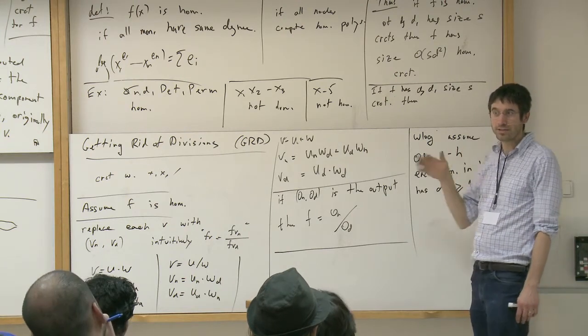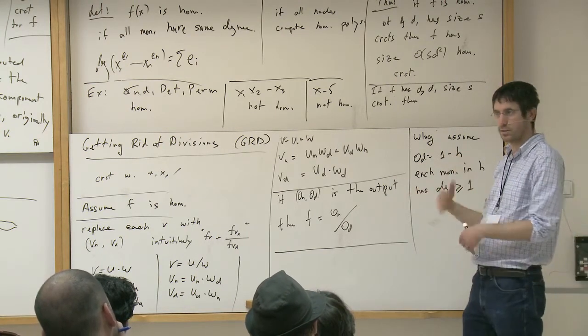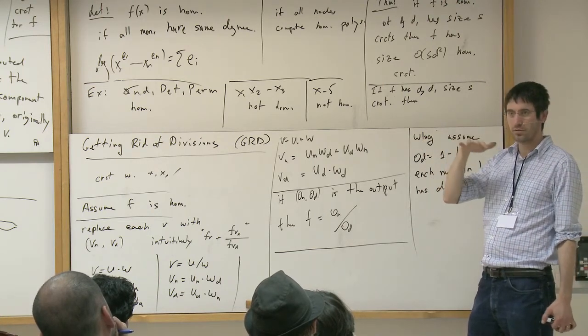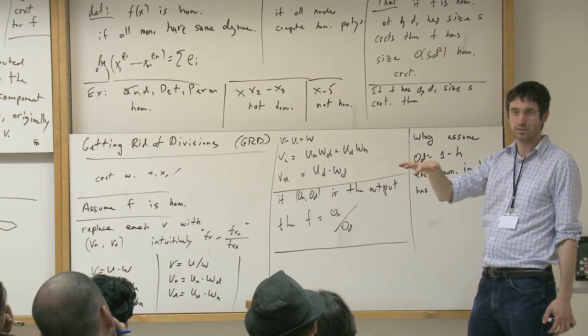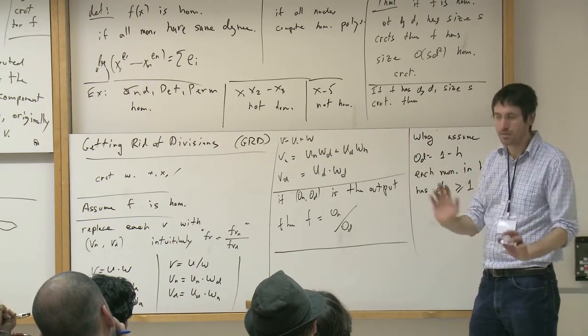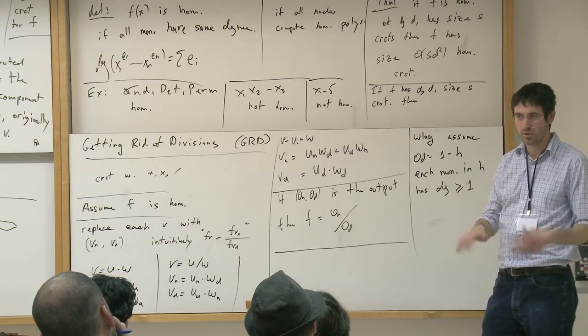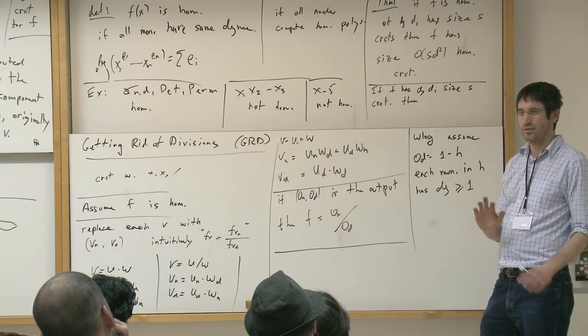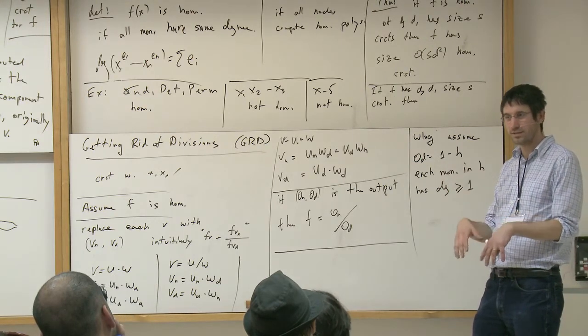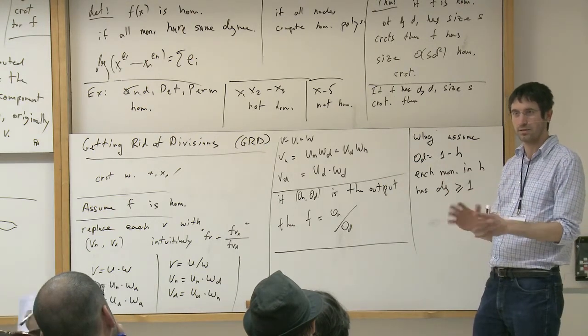Why is it without loss of generality? I don't want to write it, but think about it, because if it's not the case, then shift the variable by a constant, and you'll get that. So things will not be homogeneous now, but still assume things are homogeneous, because it doesn't matter. I'm waving my hands, but whatever I say can be formalized correctly.